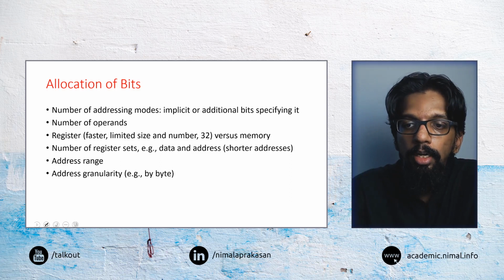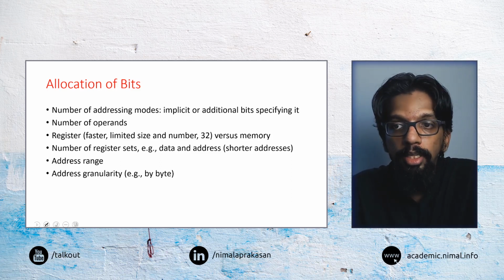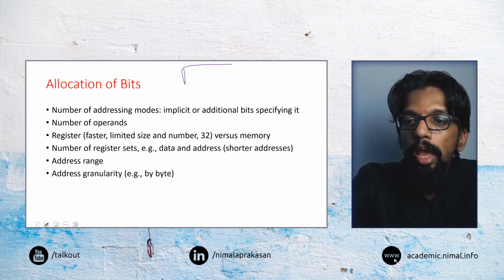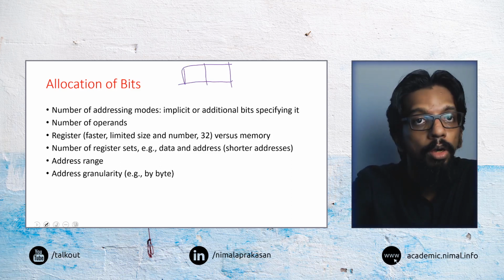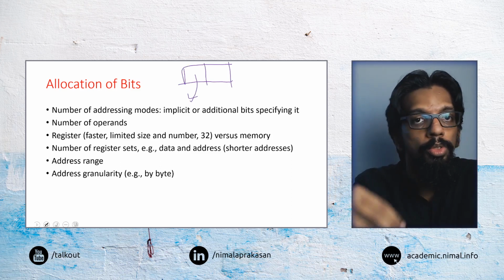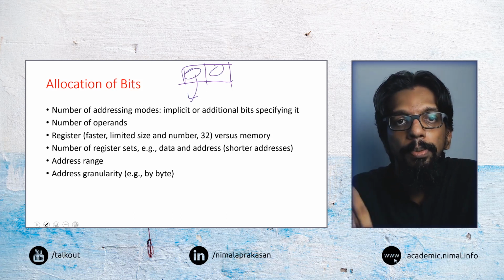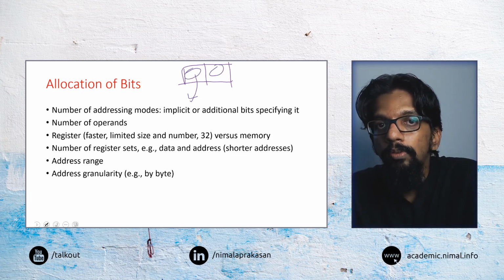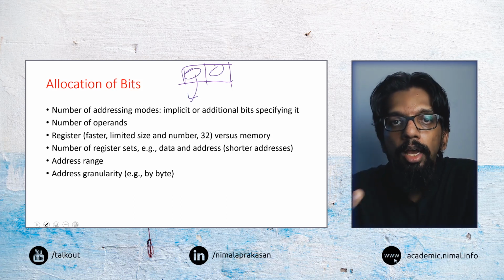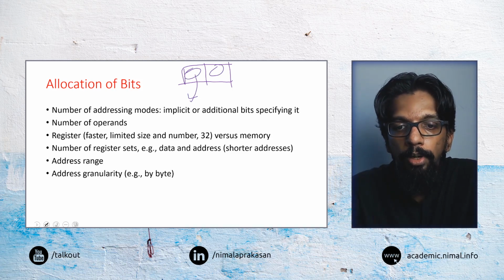For example, depending on the addressing mode, we will have to have part of the operands pointing to something else in a location. So the operands will be the addresses, and we will have to have the length of the address there to point to an operand.